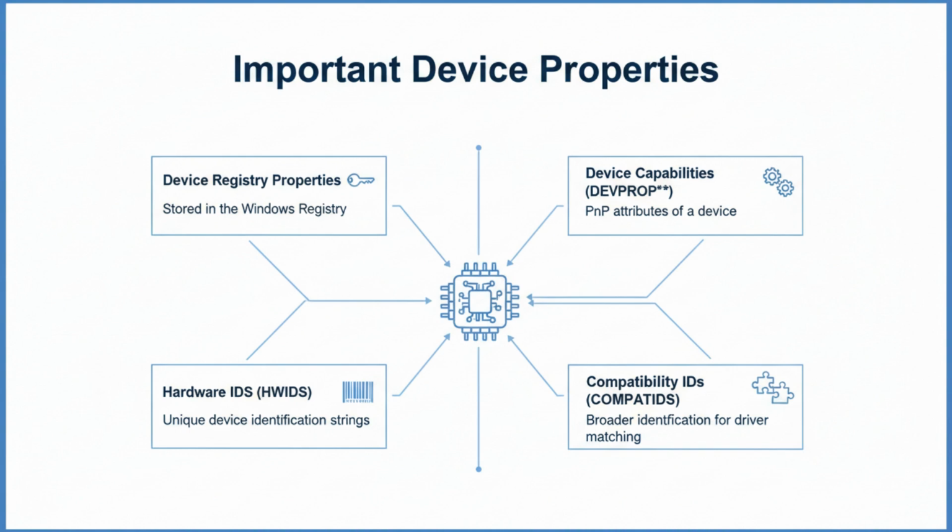Hardware IDs, HWIDs, are unique identifiers that describe a specific piece of hardware, crucial for driver matching. Complementing HWIDs are compatibility IDs, compat IDs, which are less specific identifiers allowing multiple hardware devices to share a common driver if they provide similar functionality. Understanding these properties is vital for troubleshooting and driver installation.